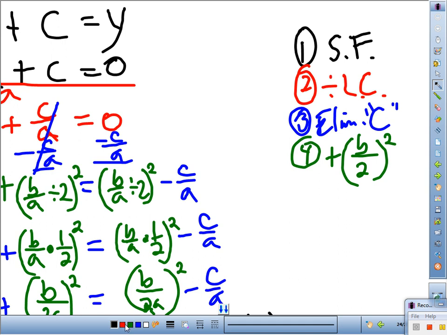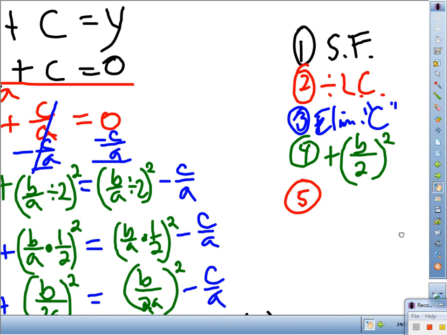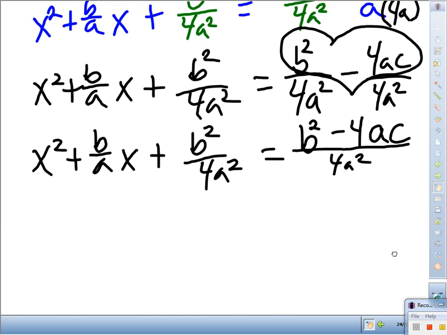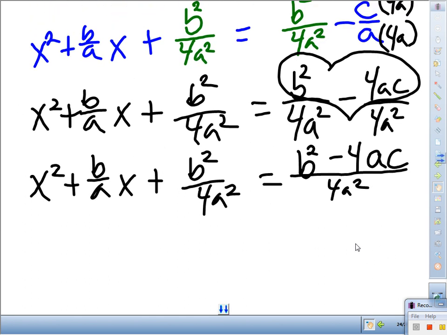Check this out. Step number 5. Writing utensils down, look up to the screen. Step 4, we completed the square. Is that correct? What does that mean? That this is a perfect square.